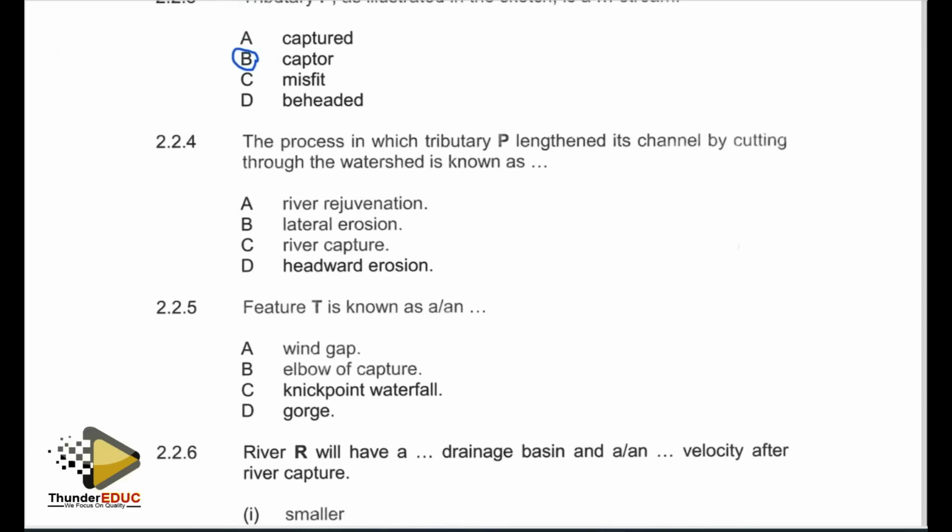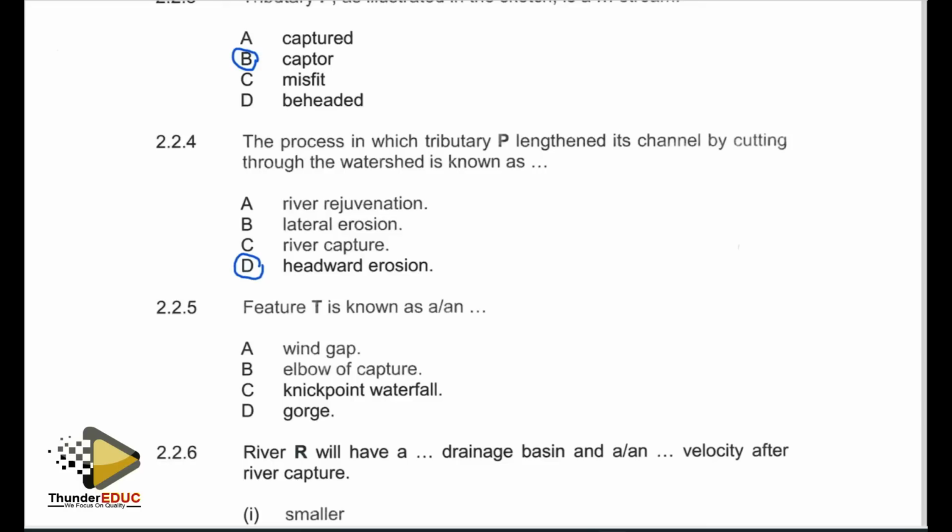Then number 2.2.4, the process in which tributary P lengthened its channel by cutting through the watershed is known as. Right, the process that aided tributary P to cut through, what kind of process is that? That one is headward erosion. Right, remember we have three basic types of erosion that take place within the river channel.